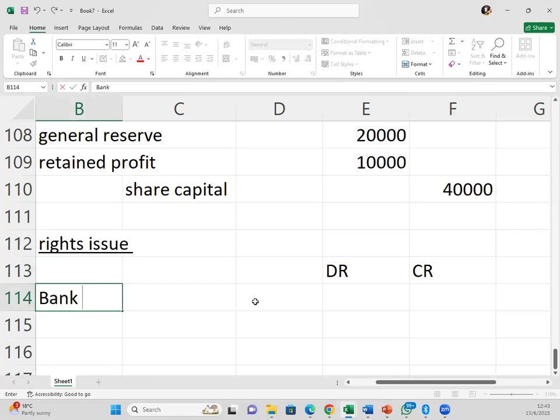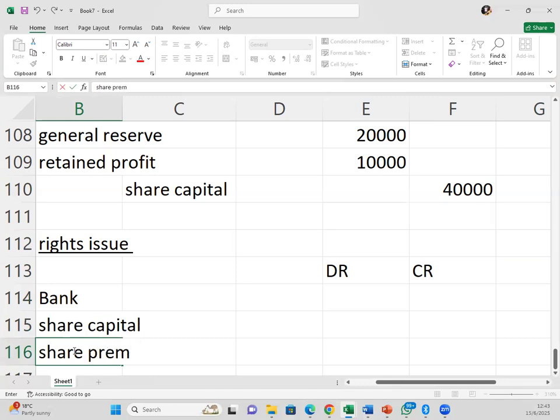Then we credit the share capital. It's not just the share capital, there was an element of premium. So we credit the share capital and the share premium.